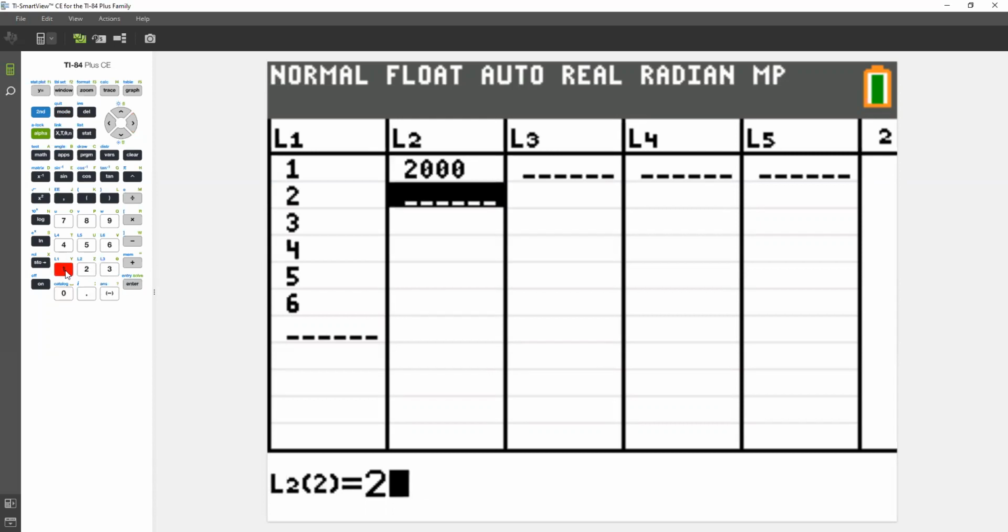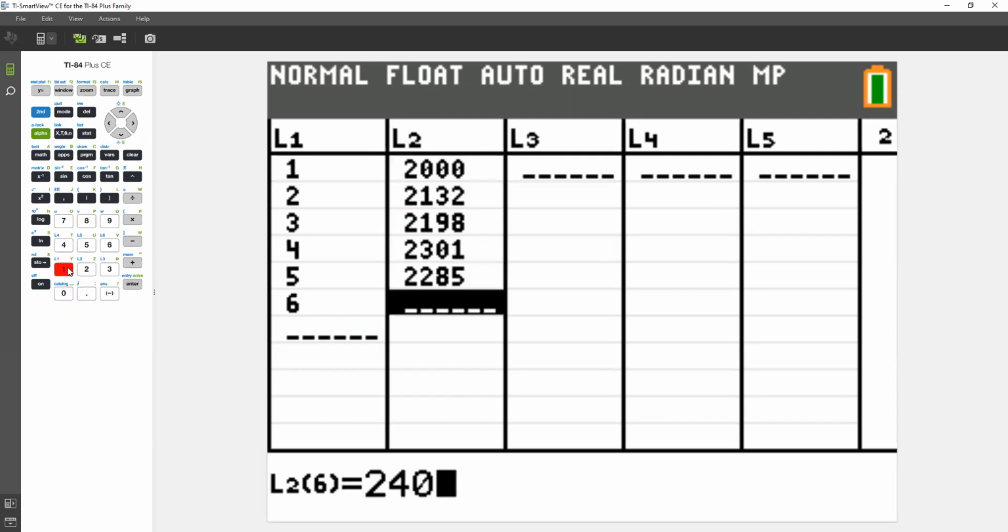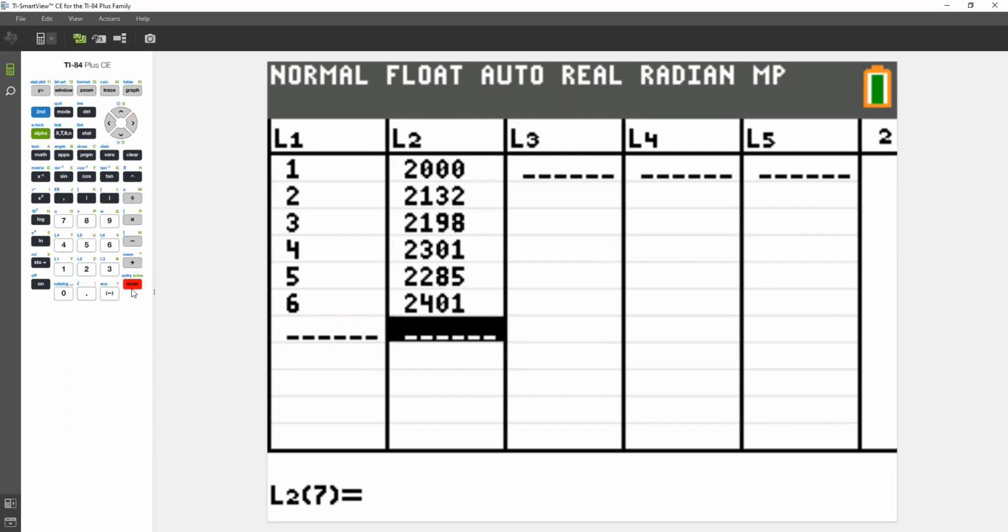Then we have 2,132, 2,198, 2,301, 2,285, and 2,401. So if you could type in that data, please.